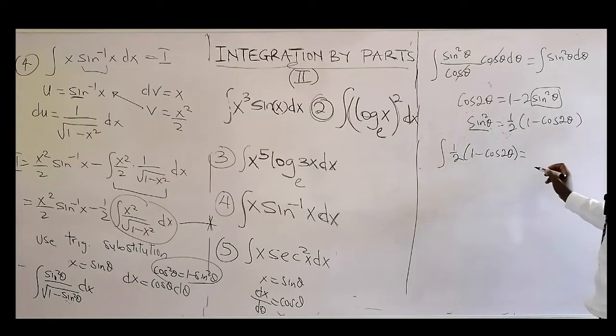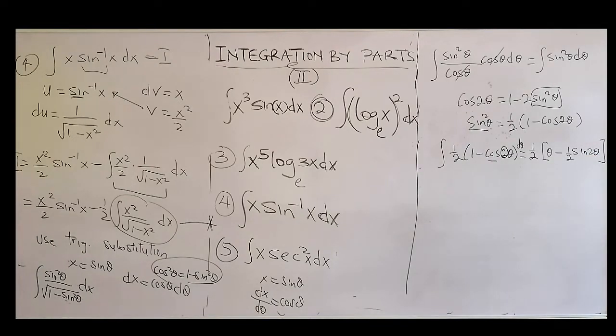So which will be equal to half outside, then integral of this. This is the theta. So that will be theta minus integral of cos 2 theta, then divide by the half, the constant attached to the variable. So over half.